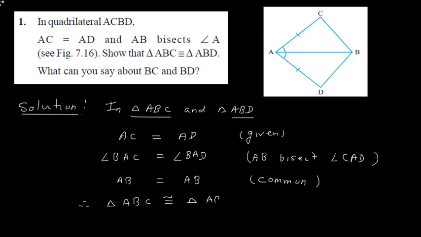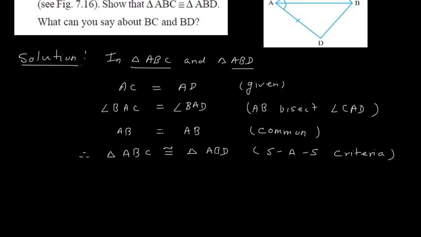The reason is the side angle side criterion. So these two triangles are congruent. Therefore their corresponding parts are also going to be equal.